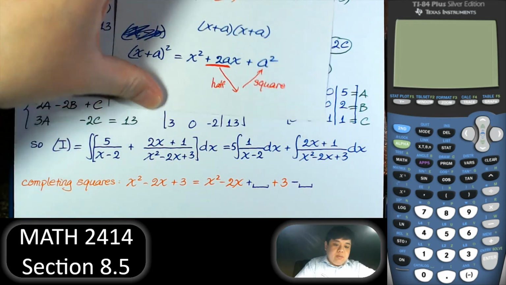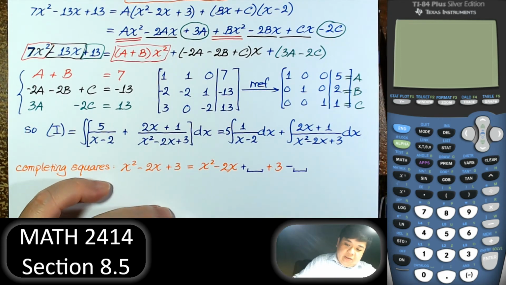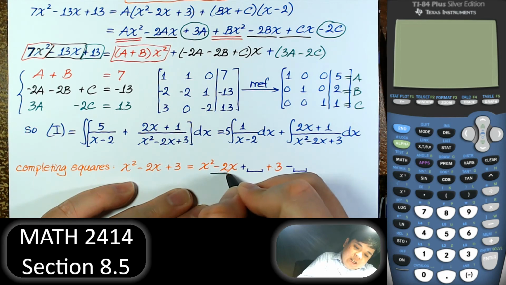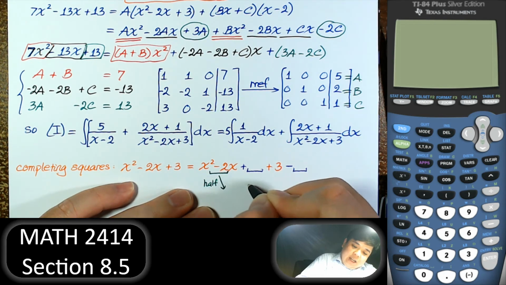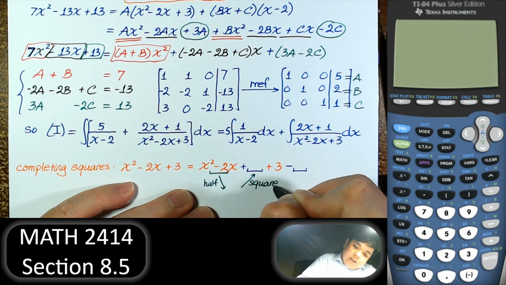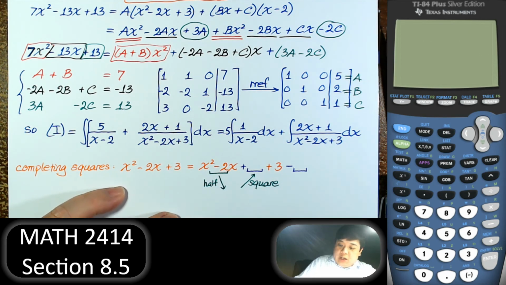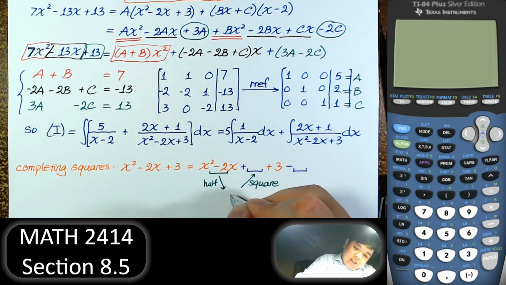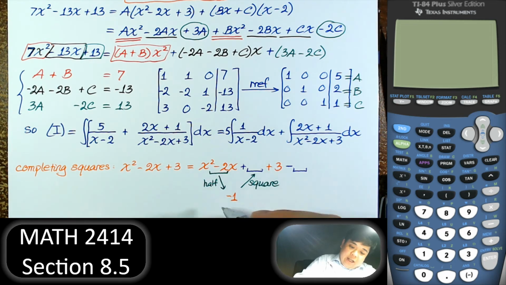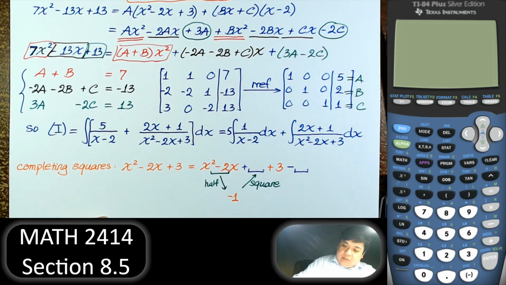So we're going to take this number, half that, and then square it. Half of -2 is -1, and -1 squared is 1.